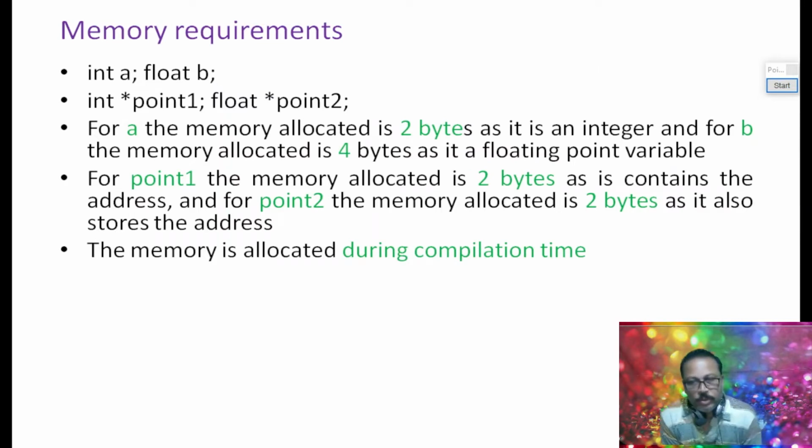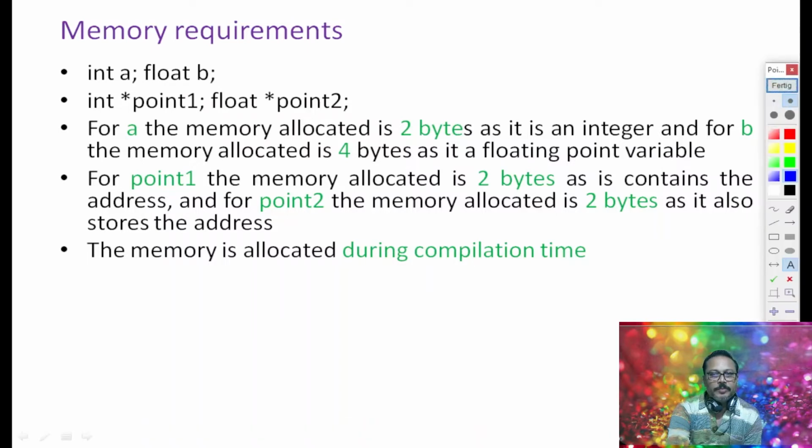Before getting into that specific topic, let us consider the memory requirements. Suppose we declare integer a, float b, and integer star p1, float star p2. Now how much memory is required, and when is the memory actually allocated? In many books, this is not conveyed clearly.